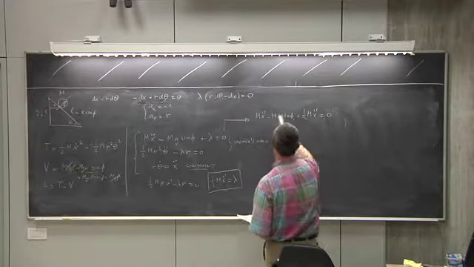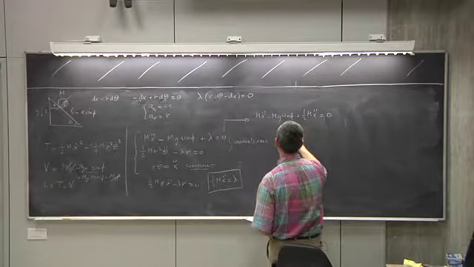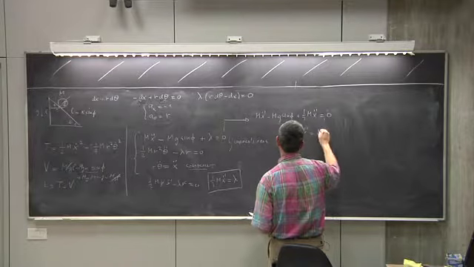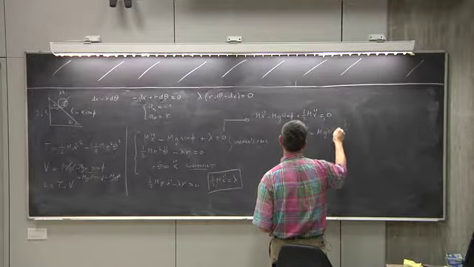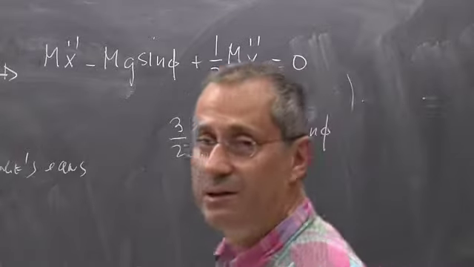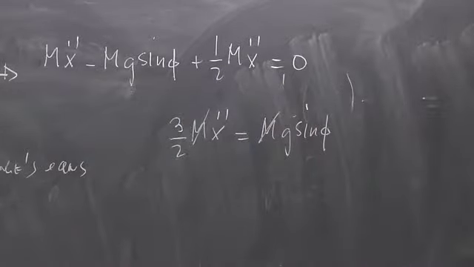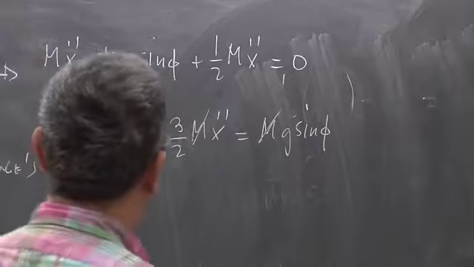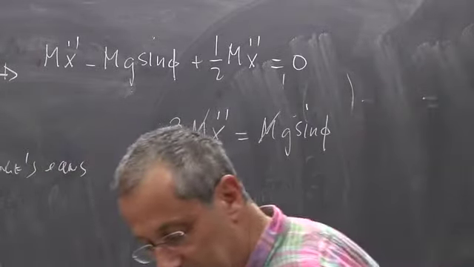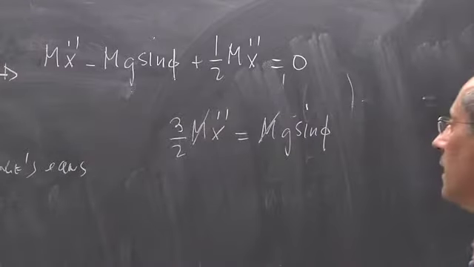So I have 1 plus 1/2, that is 3/2 mx dot dot equals mg sine phi, right? As expected, the total mass simplifies because in the gravitational field all bodies fall with the same acceleration independently of their masses.